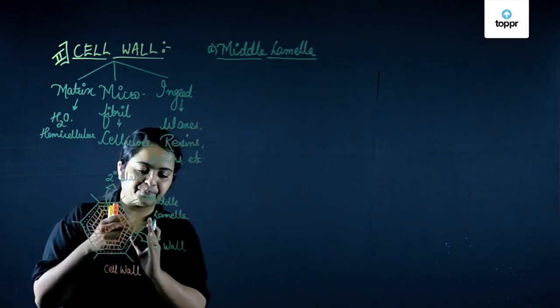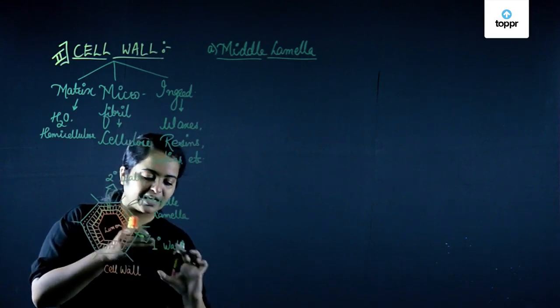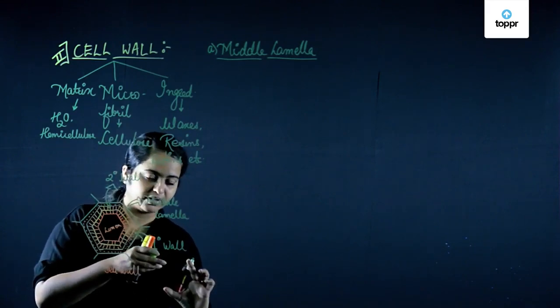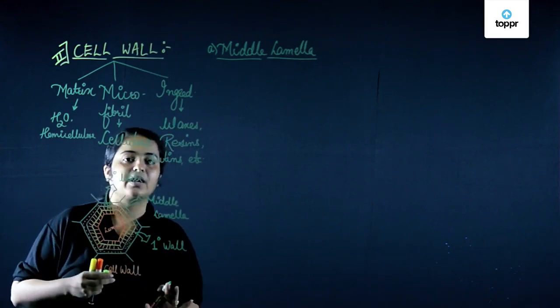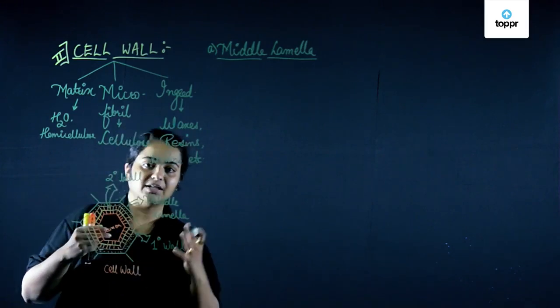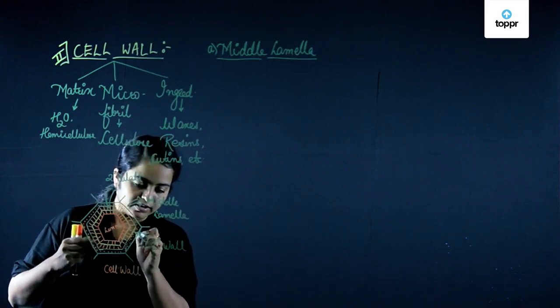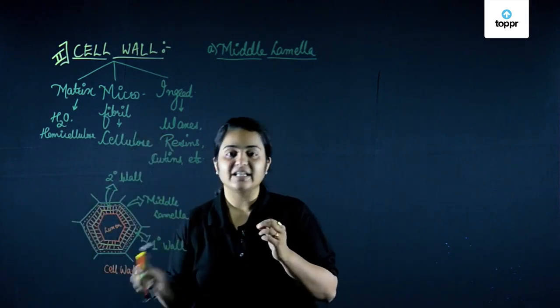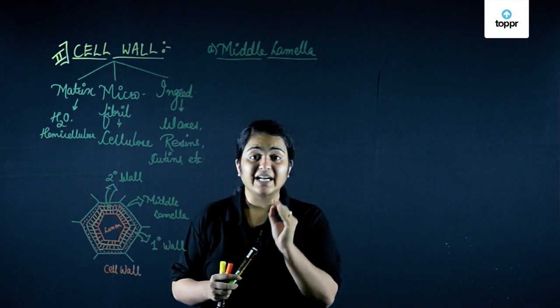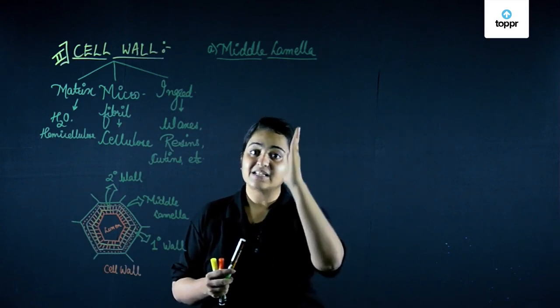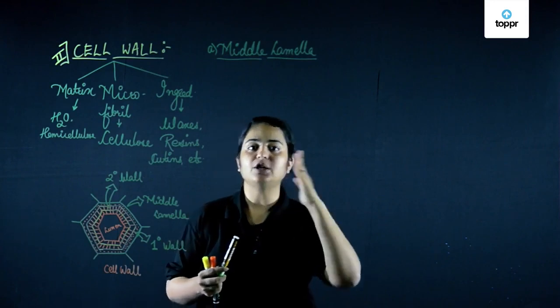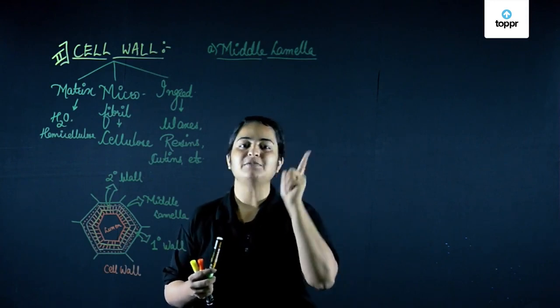As you can see here, there is another plant cell on this side, and another plant cell on this side. Similarly, there are plant cells around it. So it is connected with the other plant cells through this line. So this green region is nothing but the connecting link between the two cells. That is, it is a layer lying between the two different cells. Hence, it is middle lamella.